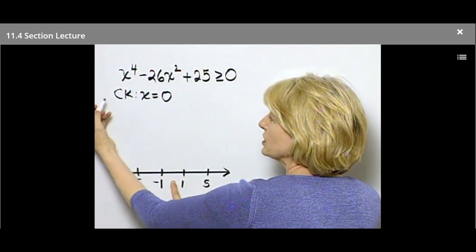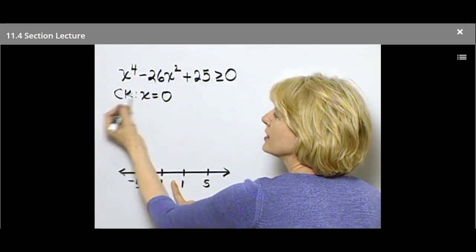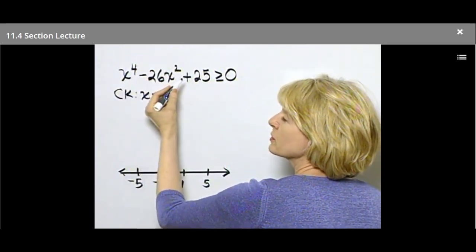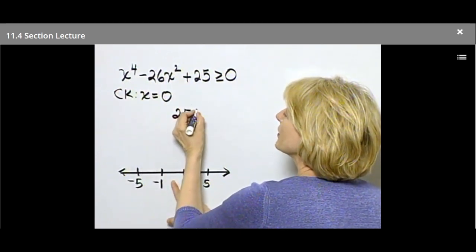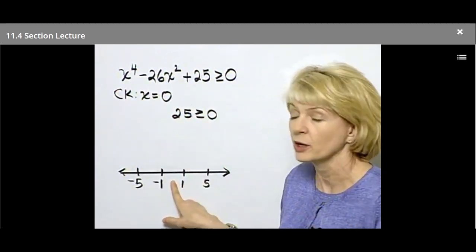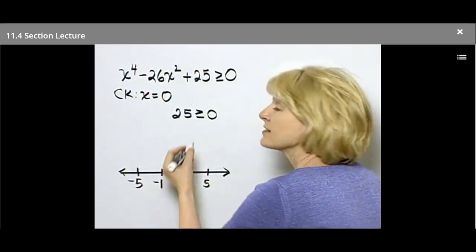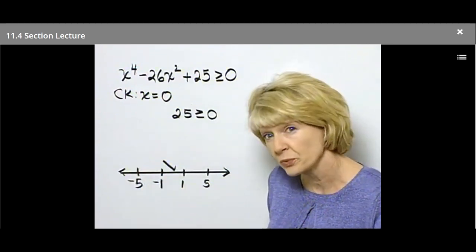Obviously, it's this region, and obviously, it's a simple number to check. But if I check 0, if x is 0, that term is 0. If x is 0, that term is 0. And I have 25 greater than or equal to 0. True or false statement? Well, that is a true statement, so this is a solution region.